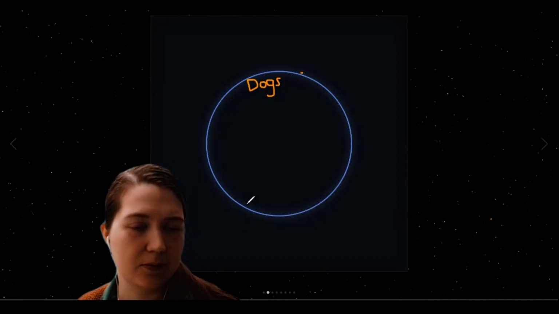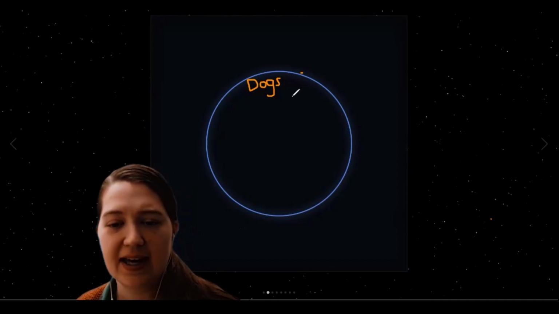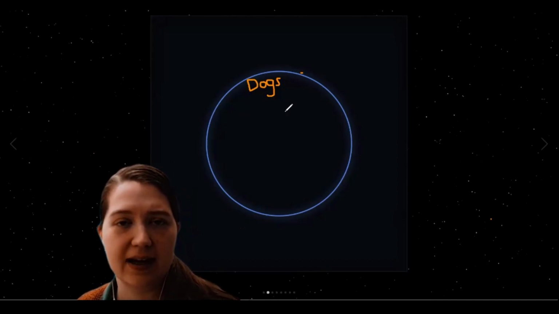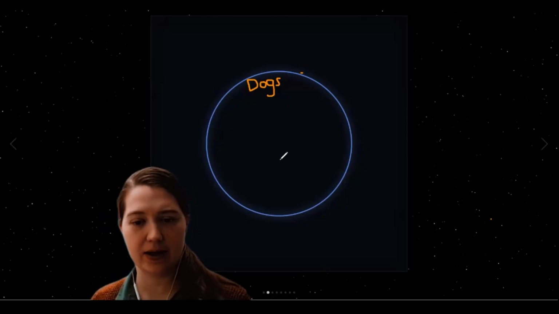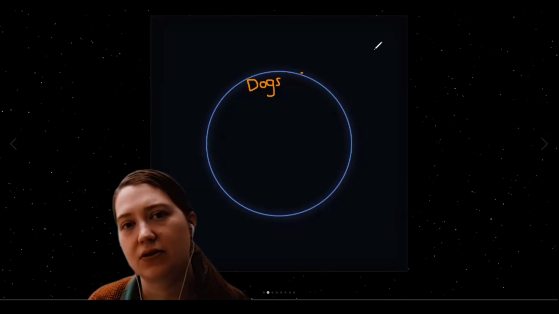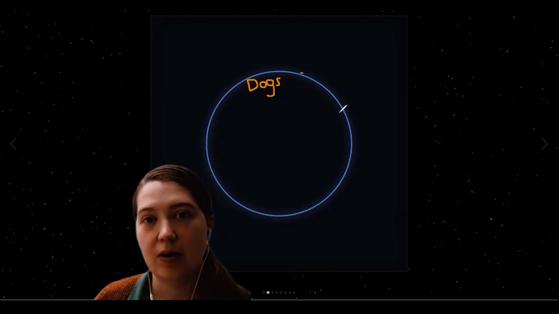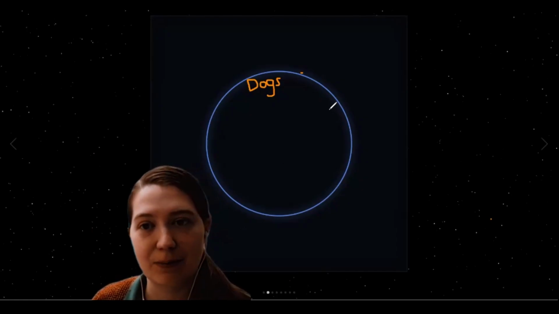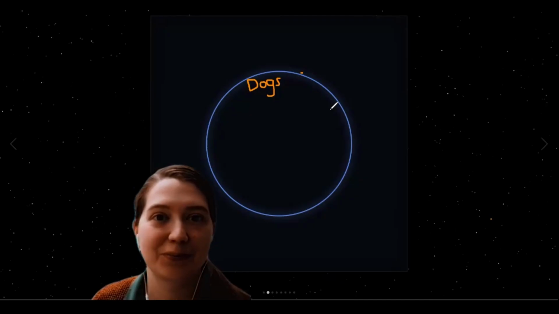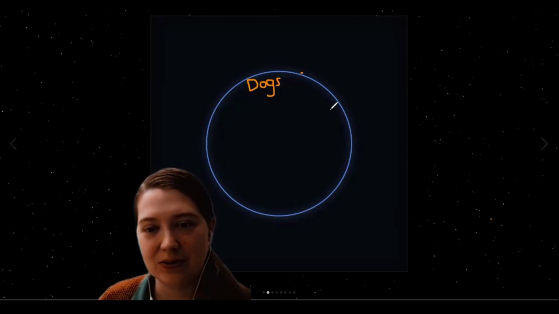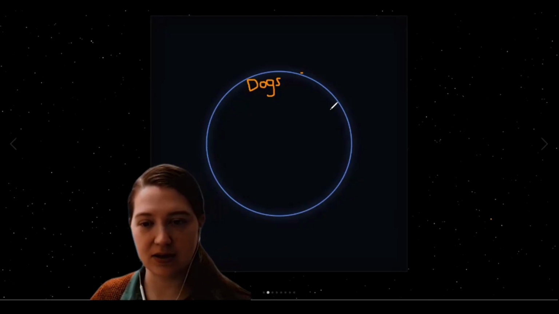Whatever category I'm representing with the circle, inside of the circle belongs every entity or object in the universe that is in the category, and outside of the circle is everything else. That's why this square here can represent the entire universe. I'm just dividing up the universe for purposes of my current project into dogs and non-dogs.